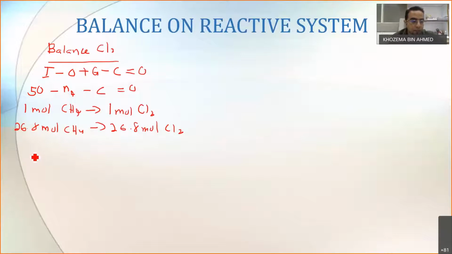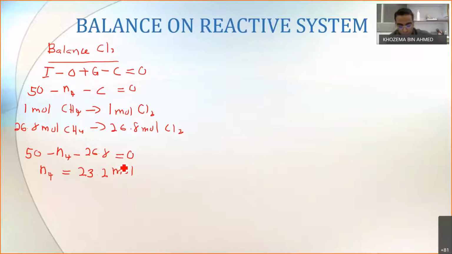So I can write my equation again: 50 minus N4 minus 26.8 is equal to 0. Then I can find the value of N4 is equal to 23.2 mole. Okay, so I have done the balance for chlorine.